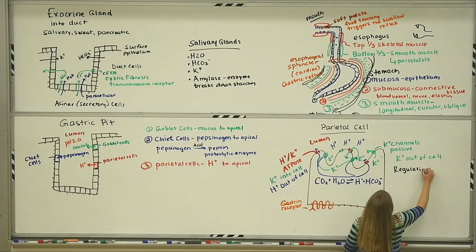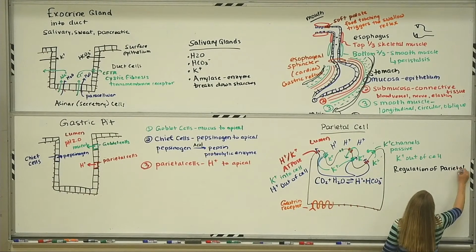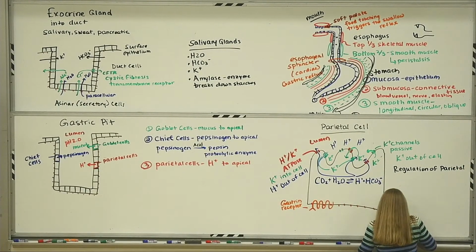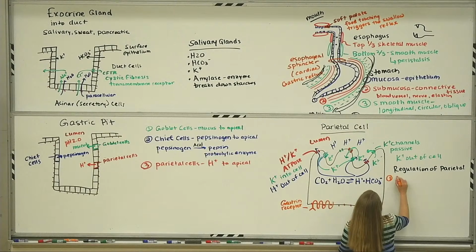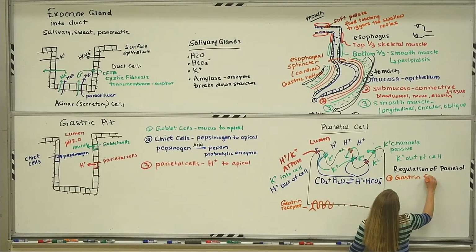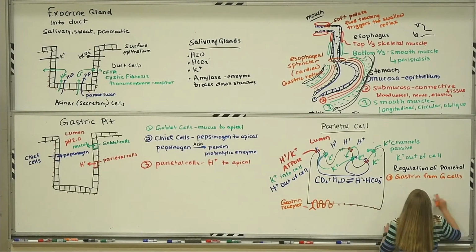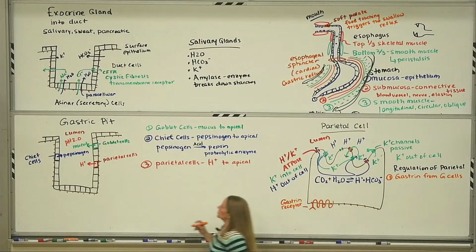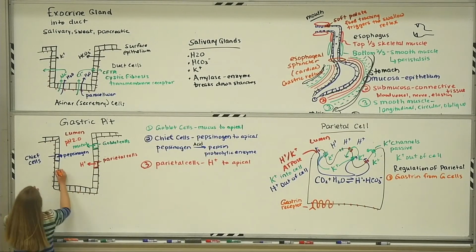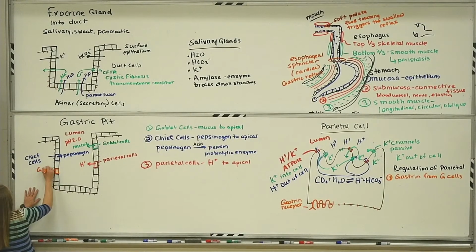So for regulation of the parietal cell, number one is gastrin. And this is coming from G cells in the gastric pit. So over here in our gastric pit, we're also going to have G cells.